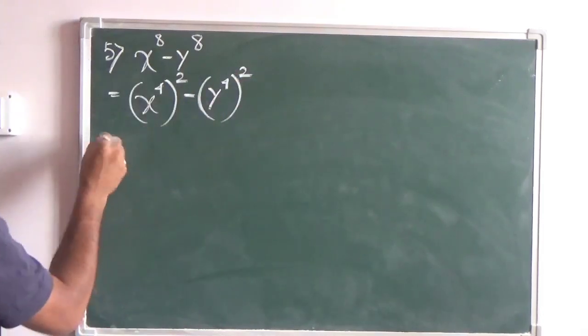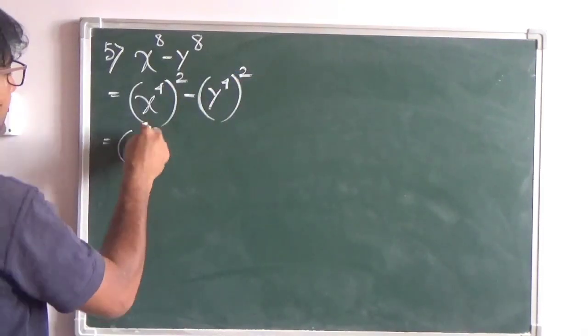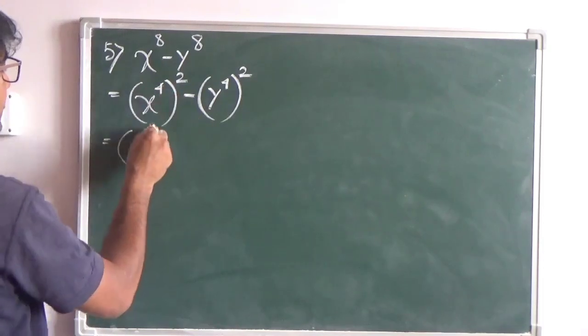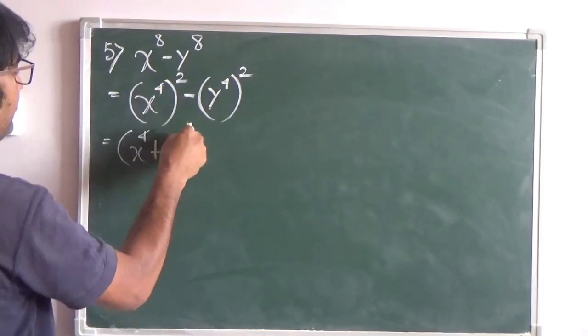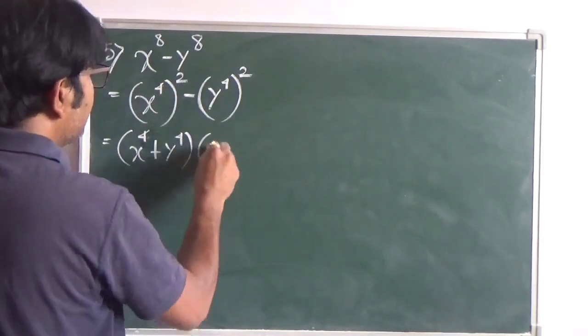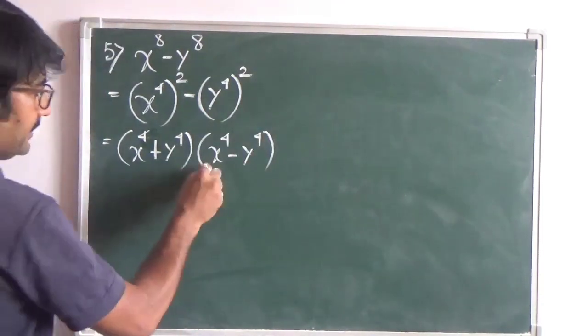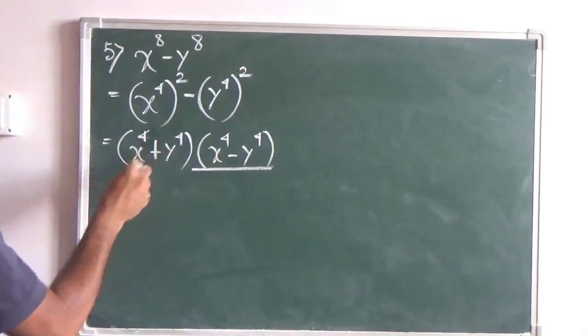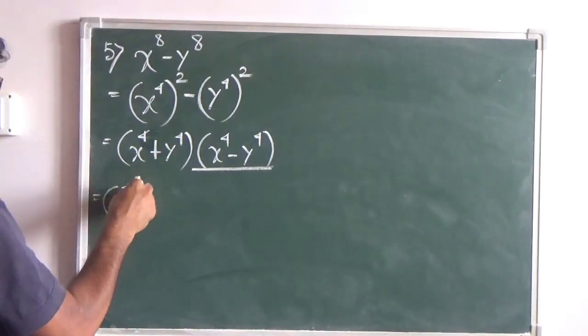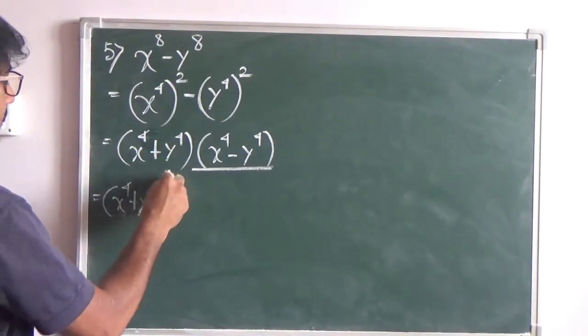That is a square minus b square. So it is (a plus b), that is x power 4 plus y power 4, and (a minus b), that is x power 4 minus y power 4. Now again this one, x power 4 plus y power 4, you cannot do anything to this.